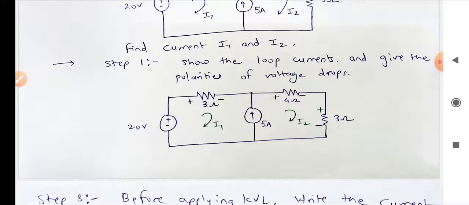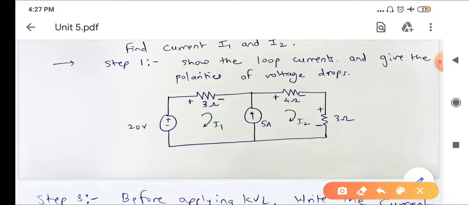Here the first loop current is flowing in the clockwise direction and the other is also in the clockwise direction, so according to that we are giving all the sign conventions. So for the 3 ohm, 4 ohm, and again for the 3 ohm we have given all the signs. So this will be our second step.